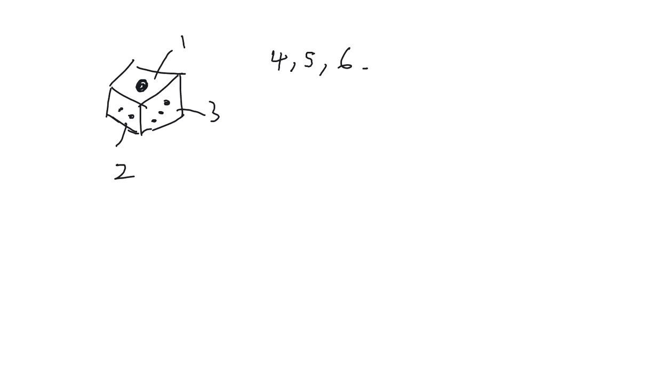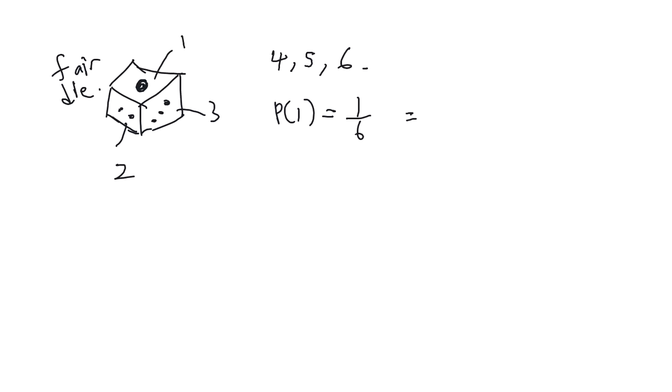So this is a fair, let's call this a fair die. So what's the probability of getting outcome 1? So that is 1 over 6.